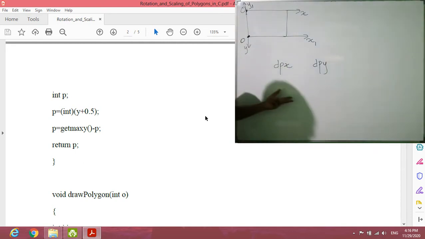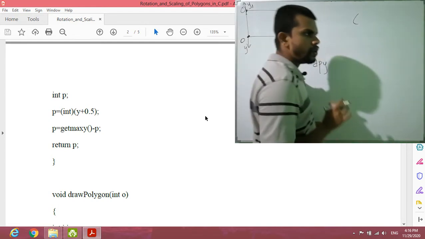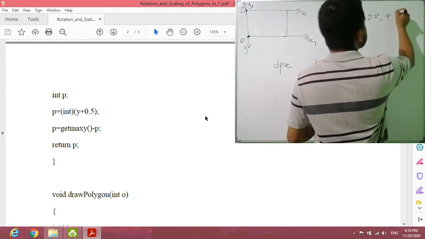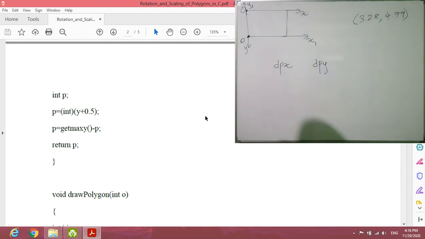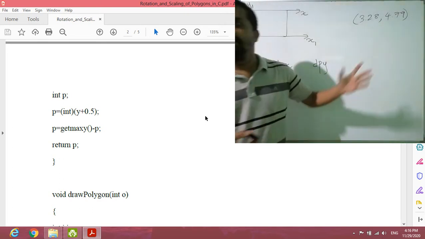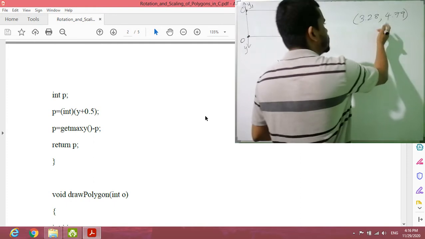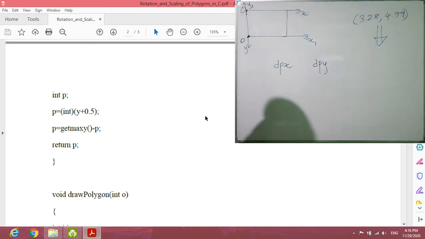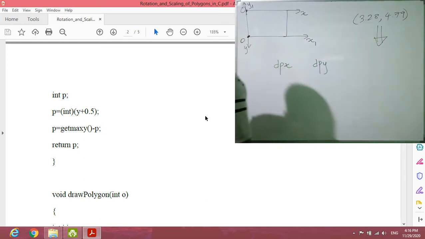One particular purpose of these two functions is, if we compute a particular coordinate 3.28, 4.79, in graphics display we always have integer coordinates, therefore we have to convert this to integers. When you perform this, it's better you round them to the nearest integer, then only we can have more accuracy in approximation.